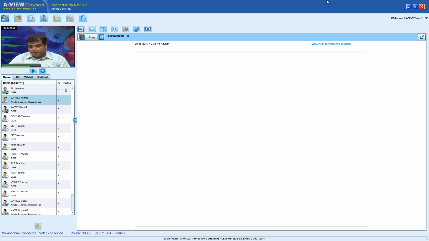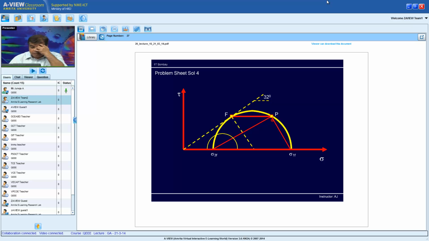So from the pole, the question says find out the orientation of the major principal plane and the minor principal plane. Major would be joining pole to this major principal stress value, and pole to minor principal stress value should give you the orientation of the minor principal plane.